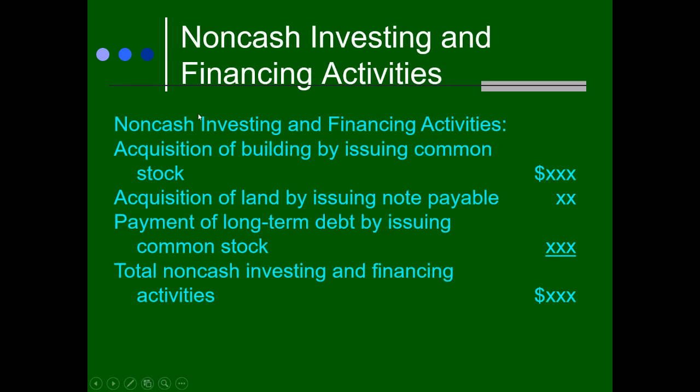So this is how the non-cash transactions are reported under a different section. For example, there is acquisition of a building by issuing common stock. This does not involve any cash transaction because this is an exchange of asset with equity. Here this is an exchange of asset with debt or long-term liability, and this is a payment of liability with equity.